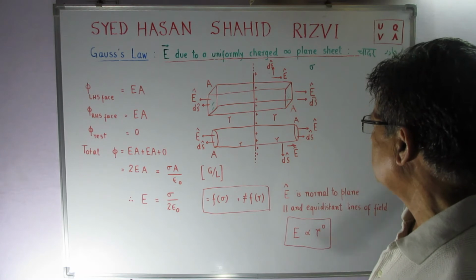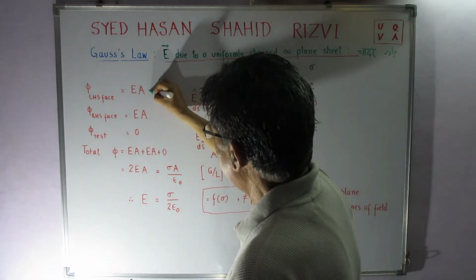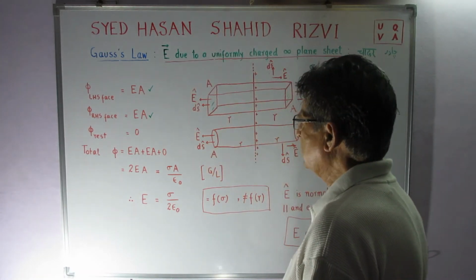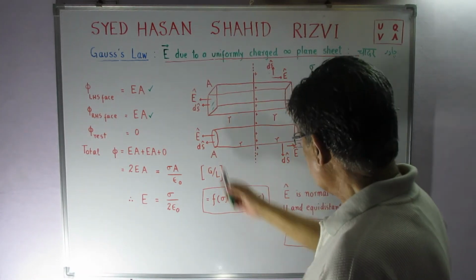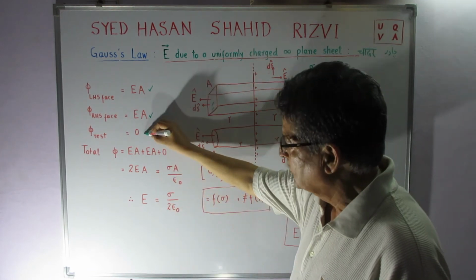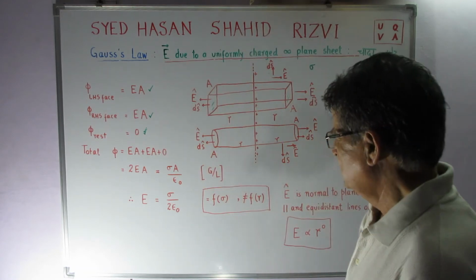Integrated over the whole thing, it becomes EA; the left hand and right hand faces are both equal to EA. For the rest of the enclosure, it will be equal to 0.